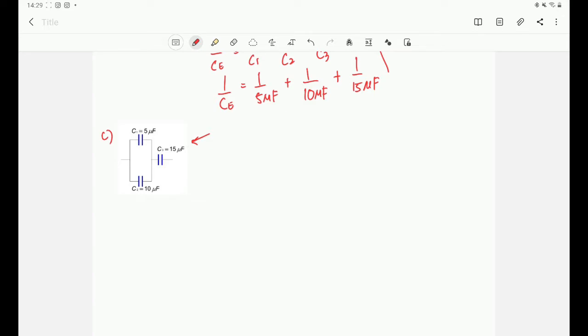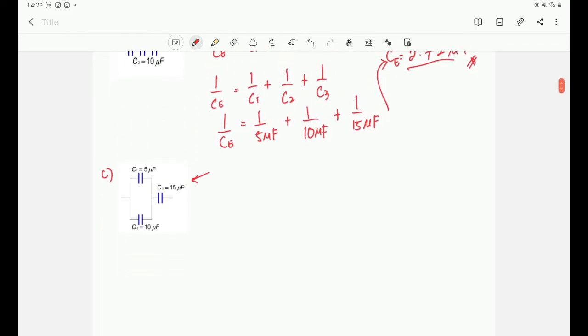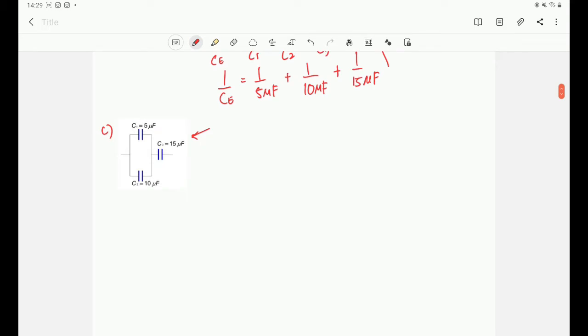It's not difficult, but a bit higher level than the previous questions. C1 and C2 are connected in parallel, and C1 and C2 together with C3 are connected in series.